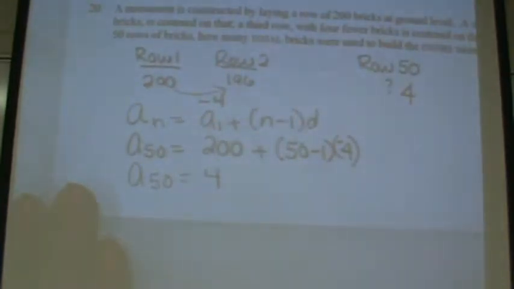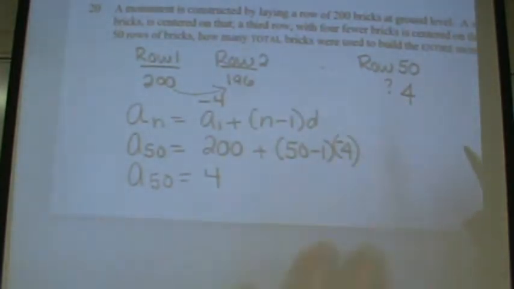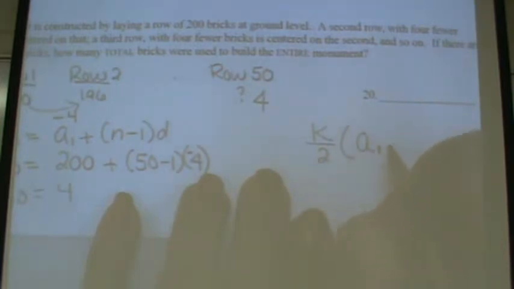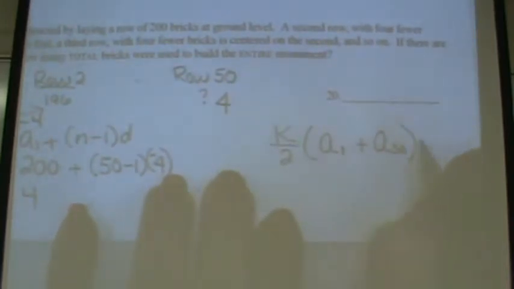Now they want you to add up how many bricks are in the whole monument. So you're going to add up this number, row 3, row 4, row 5, all the way up to row 50. So the formula is the sum: the number of rows over 2, times how many bricks are in the first row plus how many bricks are in the 50th, the last row.